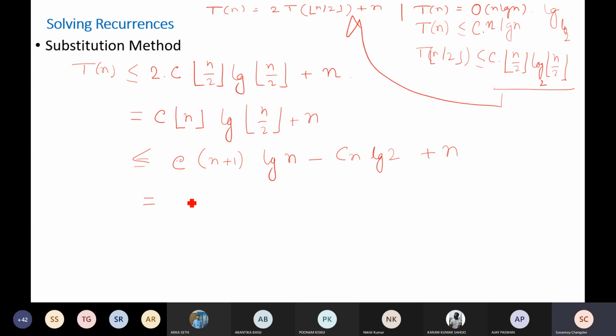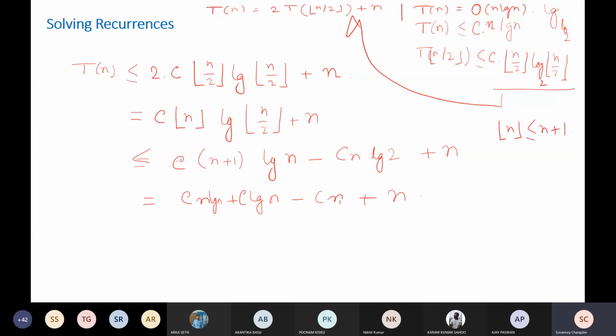So that equals Cn log n minus Cn plus n. Here we know that the floor value of n will always be less than or equal to this.